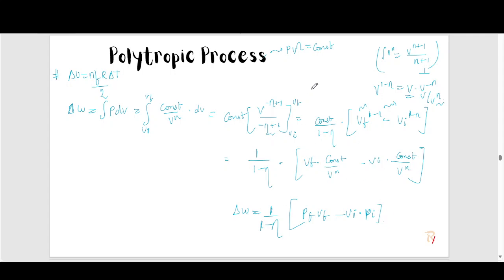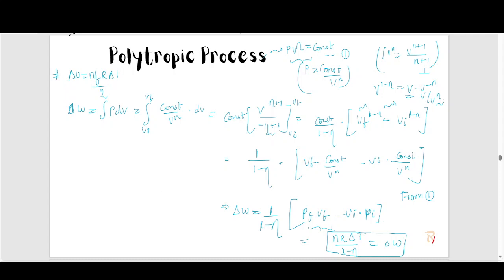Therefore, let me write it very neatly. PfVf minus PiVi is nothing but nR delta T upon 1 minus n, which gives us the change in work done by the gas in this process.